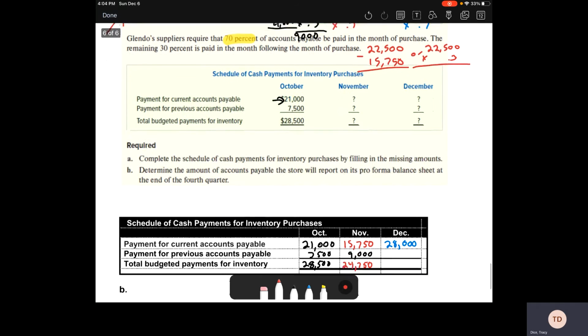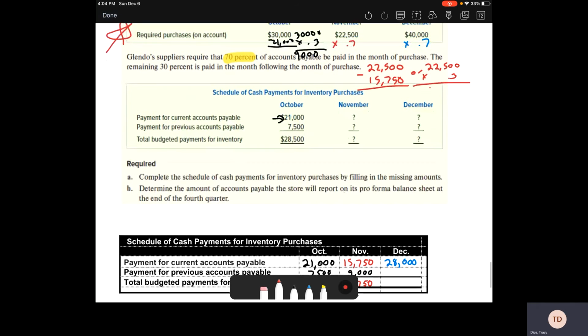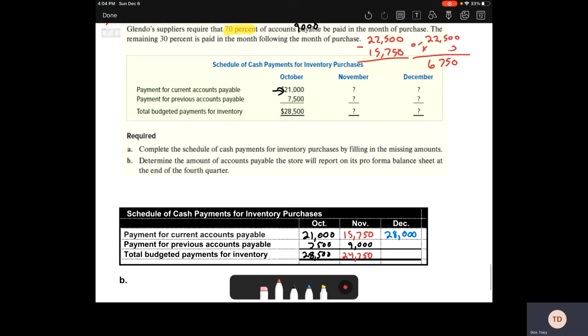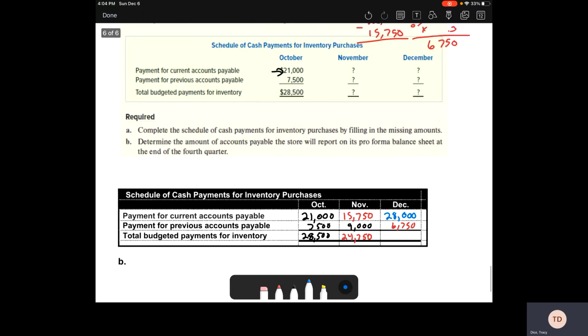And again, either way, you're going to find that you owe $6,750 left from November's purchases that you're going to pay off in December. When you put all that together with the $28,000, you find that in December, you make payments of $34,750. So that's your schedule of cash payments for your inventory purchases.